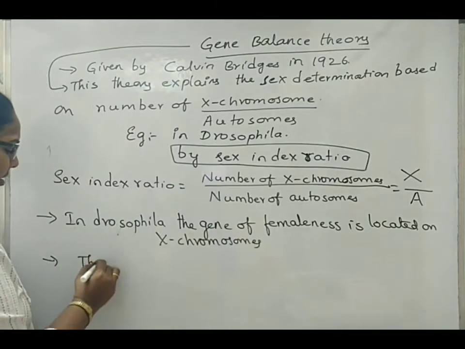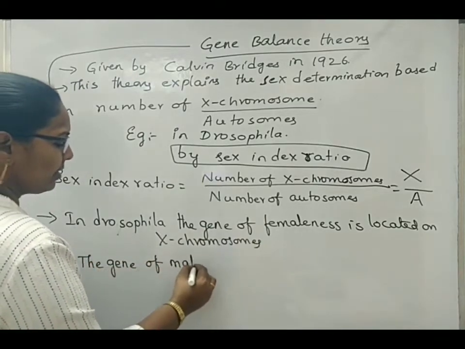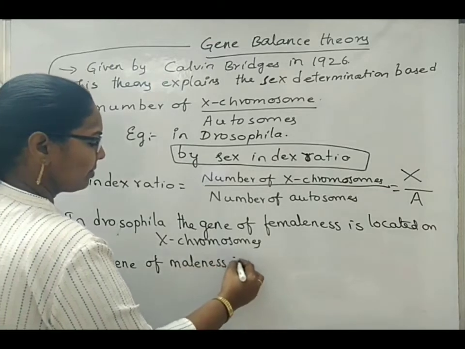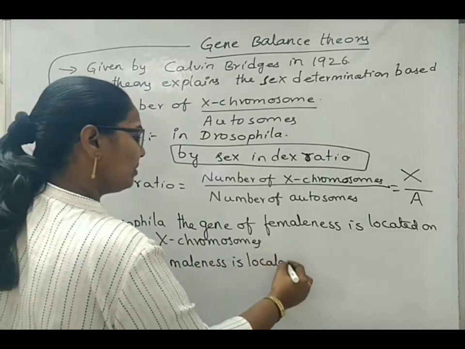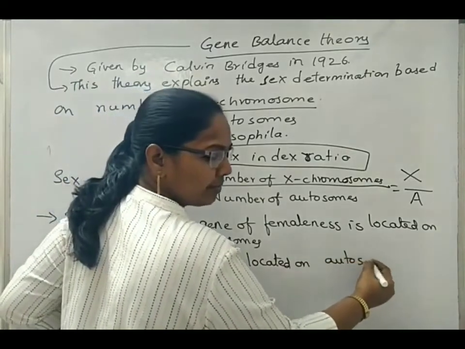Next, the gene of maleness is located on autosomes.